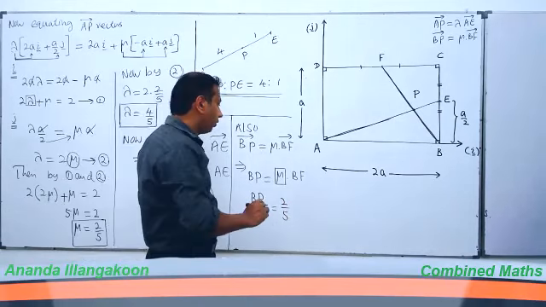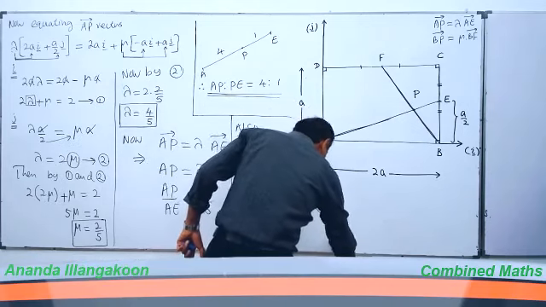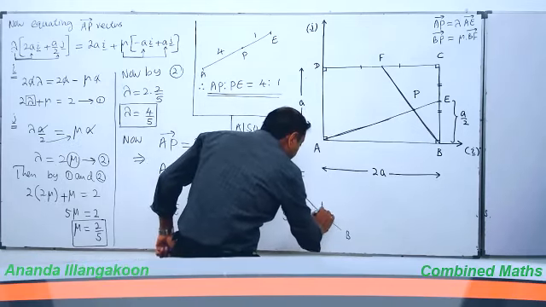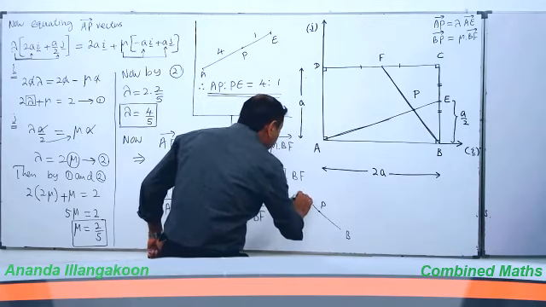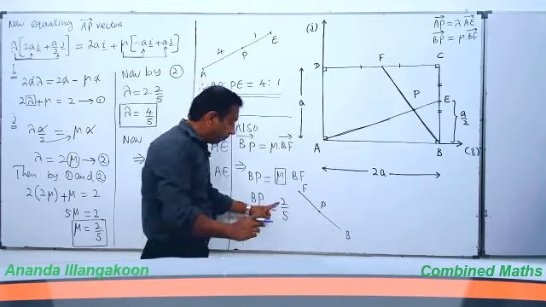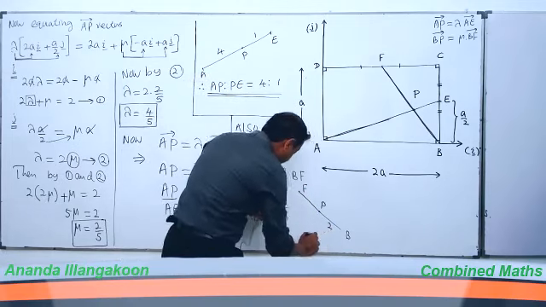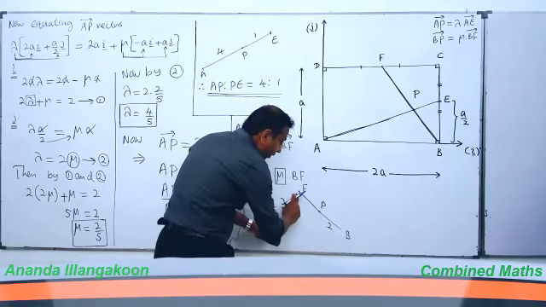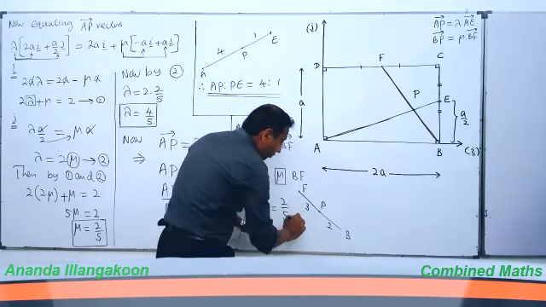Now, I can take this ratio. This is our B, this is our P, and this is our F. B to P is 2 units, B to F is 5 units. Therefore, P to F should be 3 units.